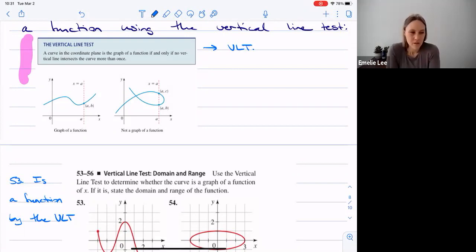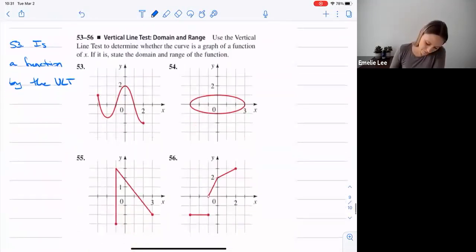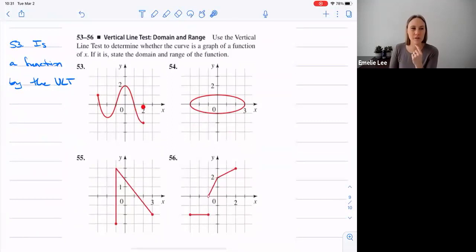Okay. So the domain of this thing, right? The domain is all the input values of x. Let's figure out the scale first. It looks like each tick is worth 1. And so the domain goes from -3 to +2, including those values.